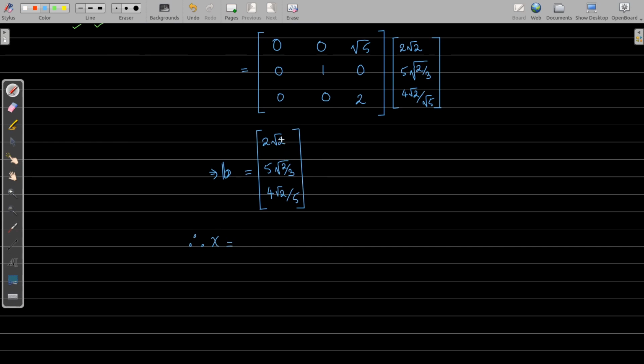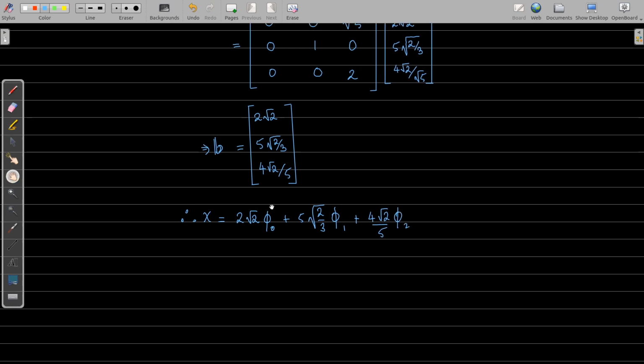Chi is equal to the first coefficient, 2 root 2 times phi 0, the next coefficient, 5 root over 2 by 3 into phi 1, and the last coefficient, 4 root 2 by 5 into phi 2. So this is your chi.